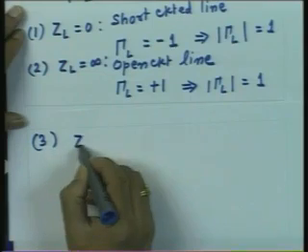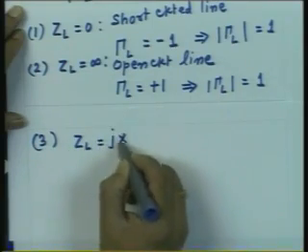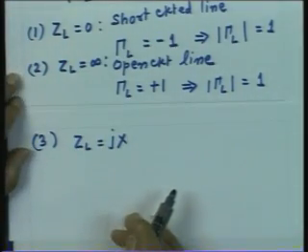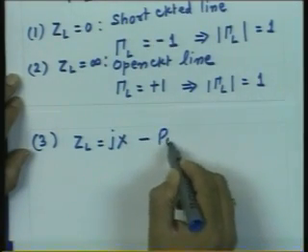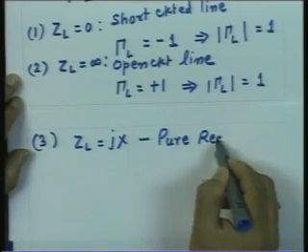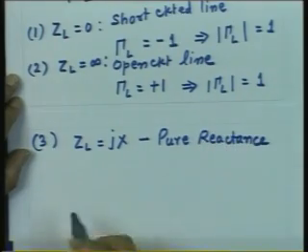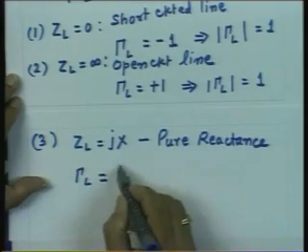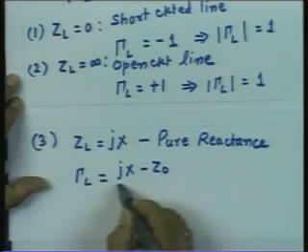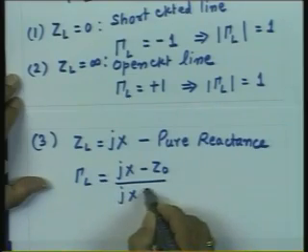The third case is that the line is terminated in an ideal reactance. So, the third case is if ZL is equal to jX, a pure reactance, then gamma L will be equal to jX minus Z0 divided by jX plus Z0.